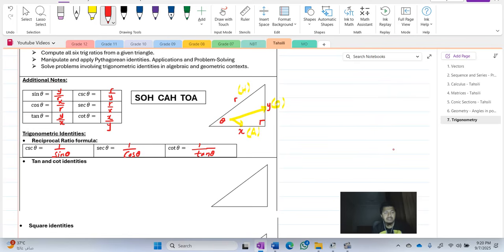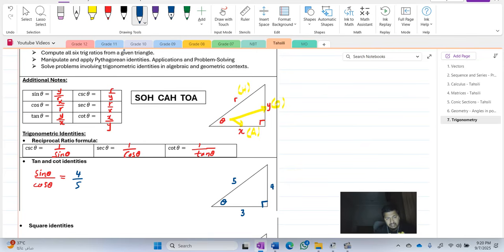So I hope you guys are understanding. Next, we want to check what's the expansion for tan and cot. If I try to find what is sine theta over cos theta, let's put some values. If I use the 3, 4, 5 triangle, we know sine is opposite over hypotenuse, so that's 4 over 5.